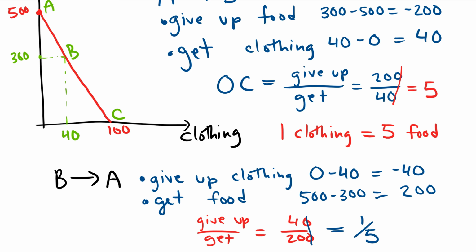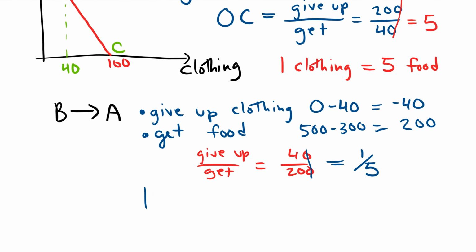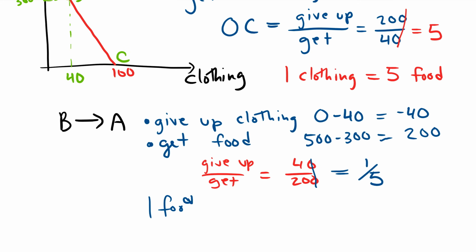And then just to finish it off, we can write this as 1 food, because we're getting food. So 1 food is costing us 1/5 of a set of clothing, because that's what we're giving up, right? So it's costing us that.